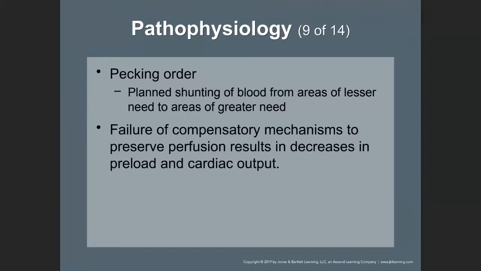Failure of the compensatory mechanism to preserve perfusion results in decreases in preload and cardiac output. So the filling pressure in the ventricles is going to drop, and if enough blood is not entering the ventricles, then enough blood cannot leave the ventricles to go to the core organs and the rest of the body. Shock is well developed at this point.